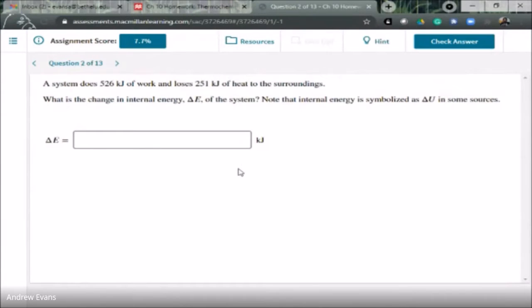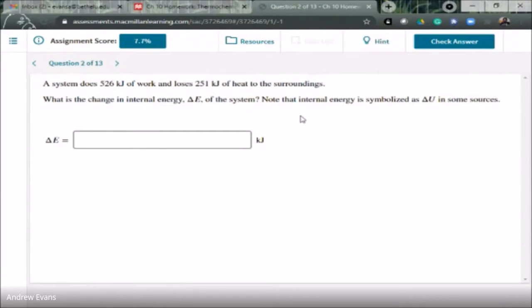Now in this one, a system does 526 kilojoules of work and loses 251 kilojoules of heat. So does work, loses heat. They want to know what is the change in internal energy. Sometimes it's delta U, sometimes it's delta E, but it's the same thing.